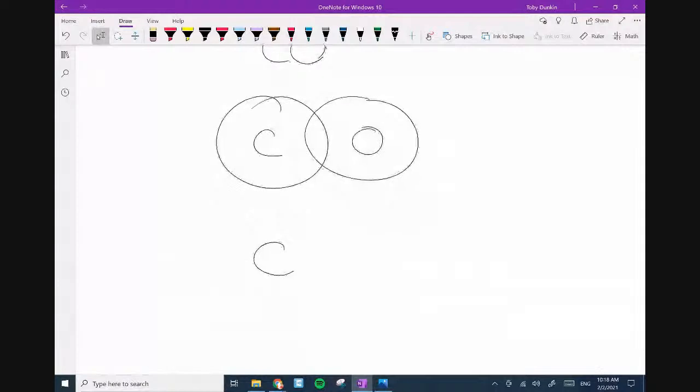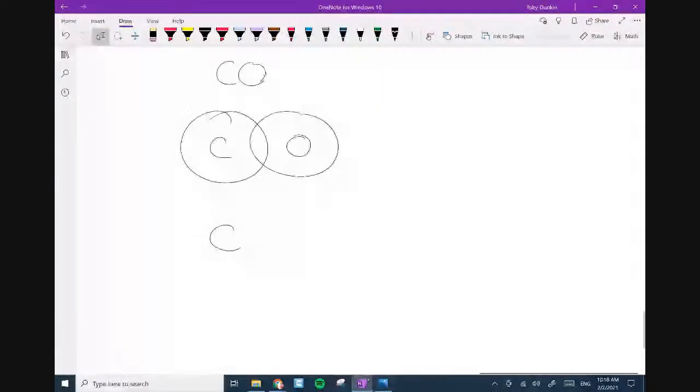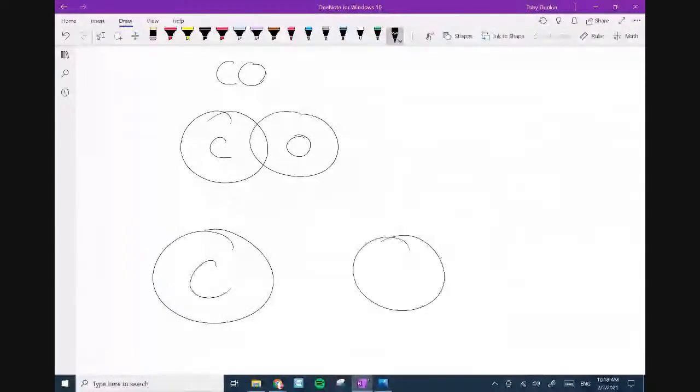We'll draw them separately and I'll put them together. Carbon and oxygen. Oxygen has 6 electrons and needs to gain 2. Carbon has 4 electrons and needs to gain 4. You always pick the one that needs the lower, so the oxygen needs 2 electrons.